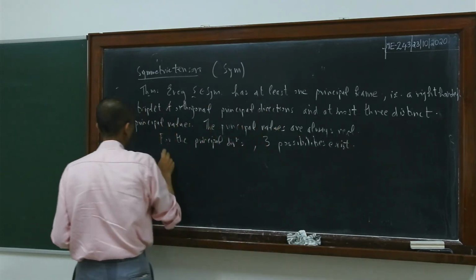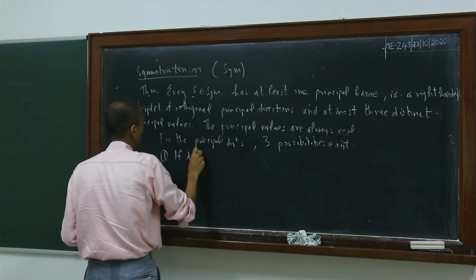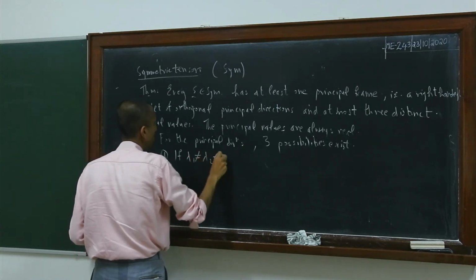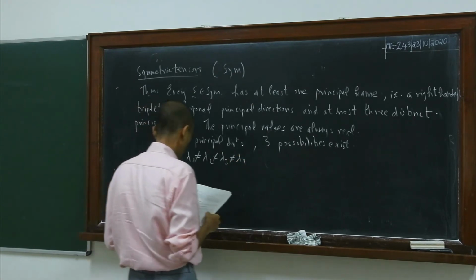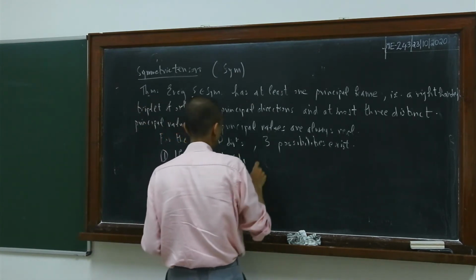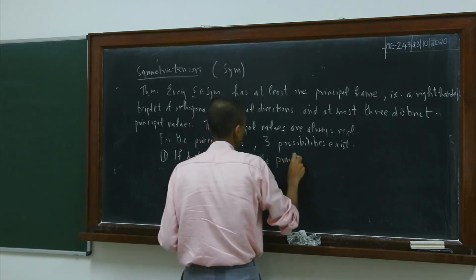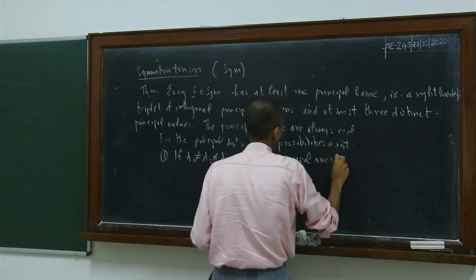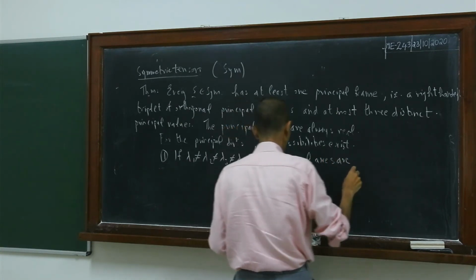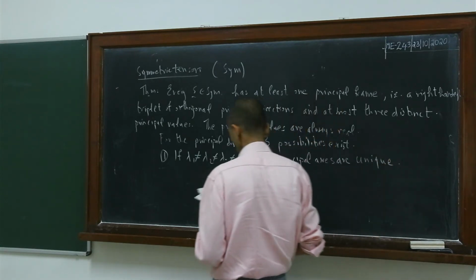One is if lambda 1 is not equal to lambda 2, is not equal to lambda 3, is not equal to lambda 1, then the principal axes are unique, modulo sign reversal.